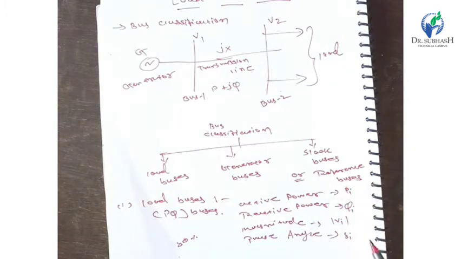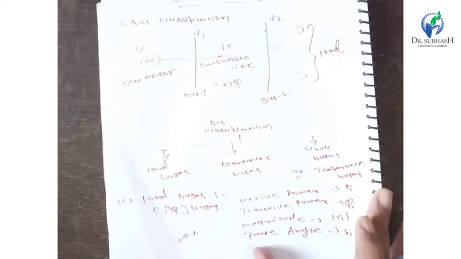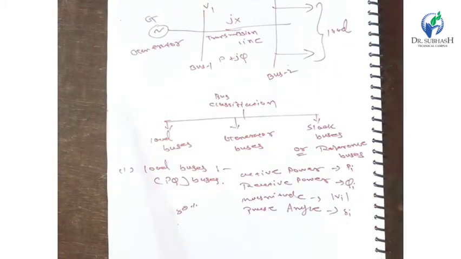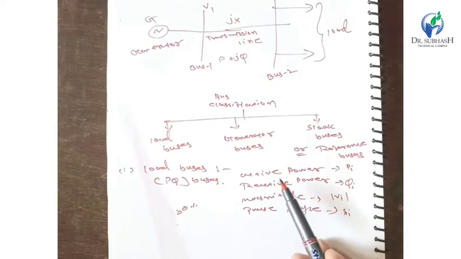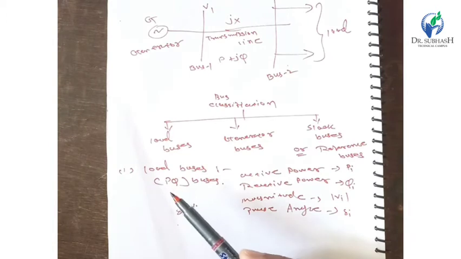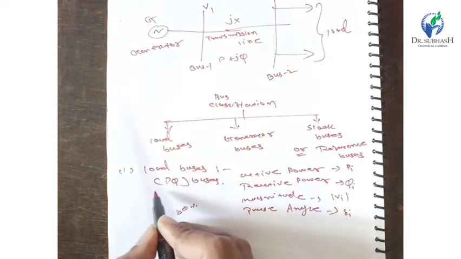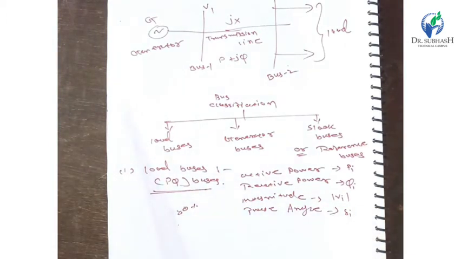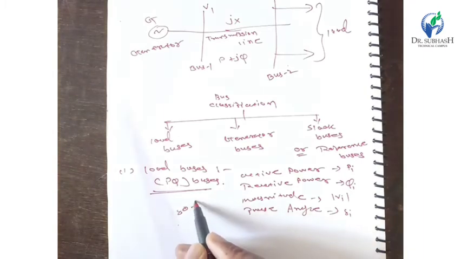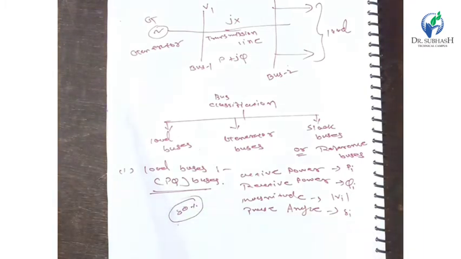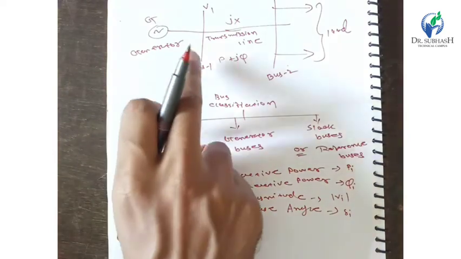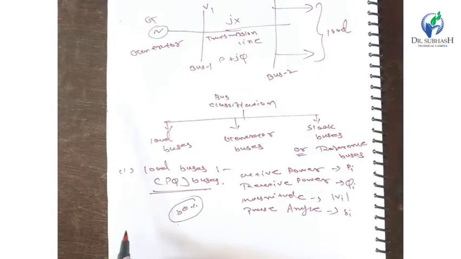But generally we should consider the basic parts, active and reactive power, P and Q. So the other name is PQ buses. Also, these 80% load buses are dependent on transmission to the distribution line.